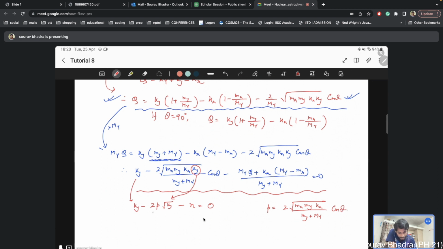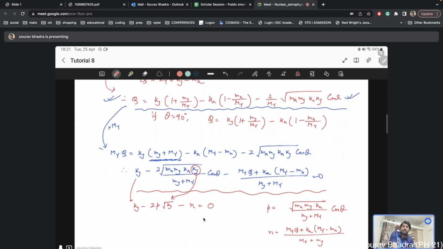So that is our p. And n is the last term which I have written in that equation, that is MyQ plus Kx My minus mx, divided by capital My plus small m.